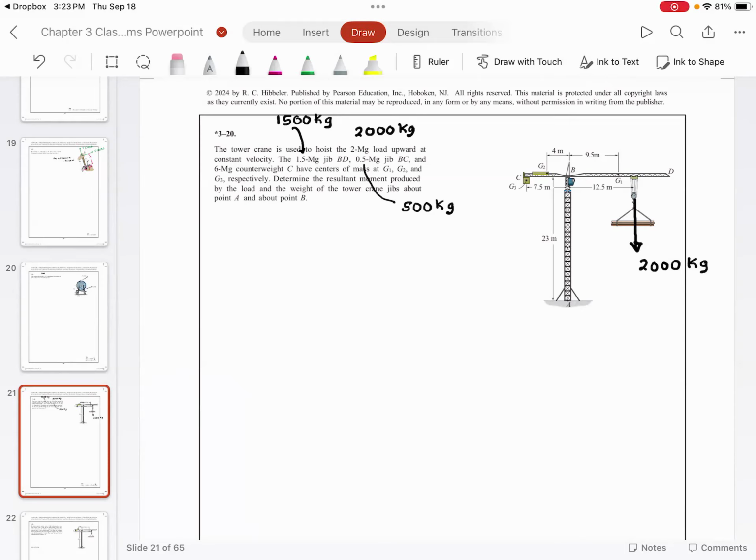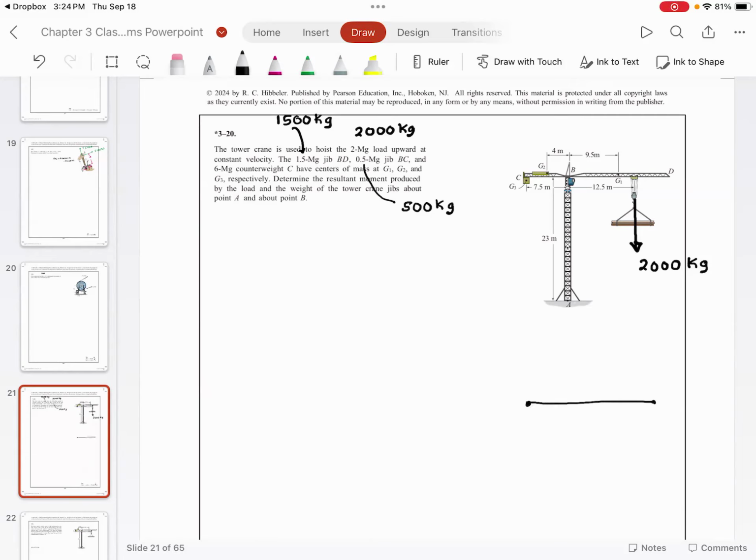But if I want to balance it, I can apply an equal and opposite force equal to its weight at the centroid of this object and balance it. So whenever you have a distributed load, for the purpose of analysis, we assume that load is focused at the centroid or the center of gravity of that beam.